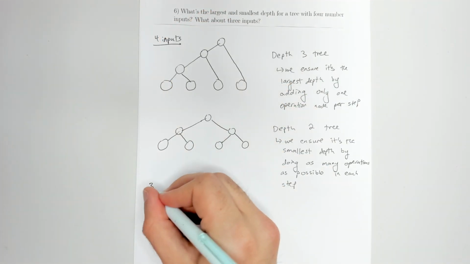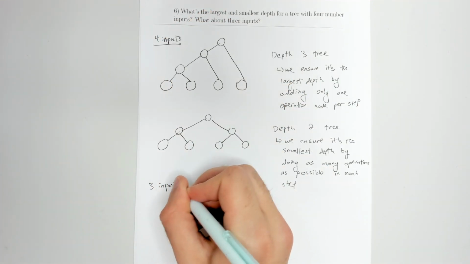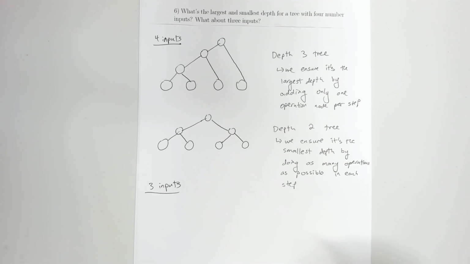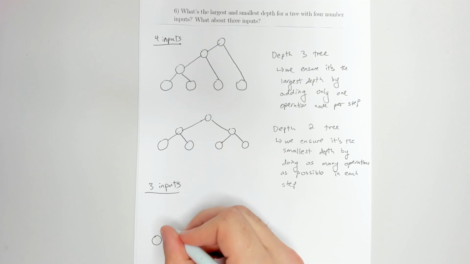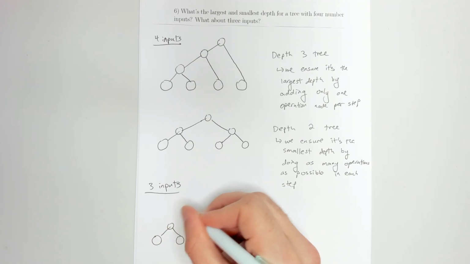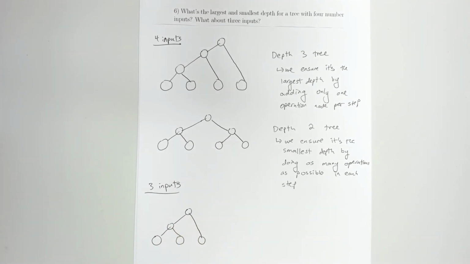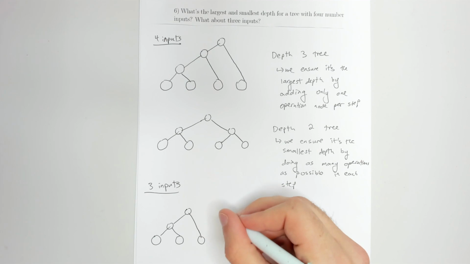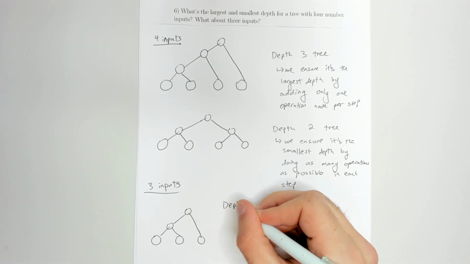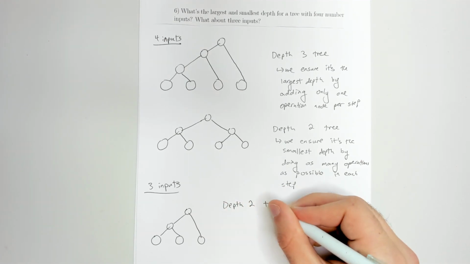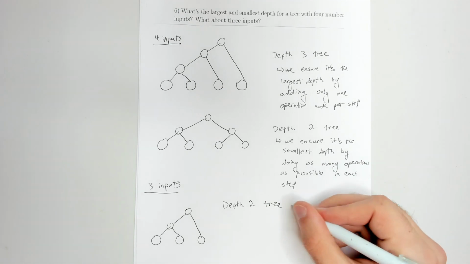What about for 3? Well, we're going to want to follow a similar philosophy, right? To ensure it's the largest depth, we add only 1 operation node per step, and to ensure it's the smallest depth, we add as many operations as possible in each step. So we have 3 inputs here, and so to add only 1 operation per step, we're going to get a tree that looks like this, and this has a depth of 2. So depth 2 tree is our largest depth.